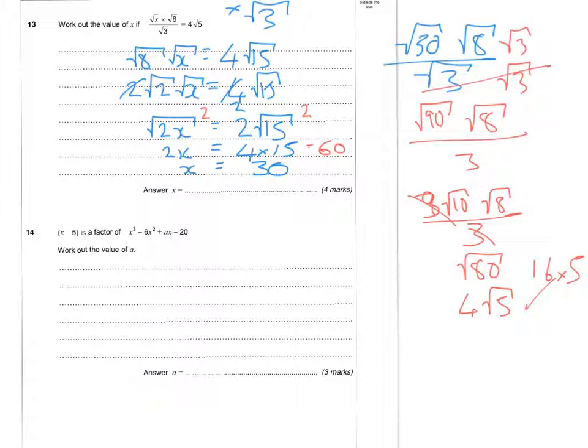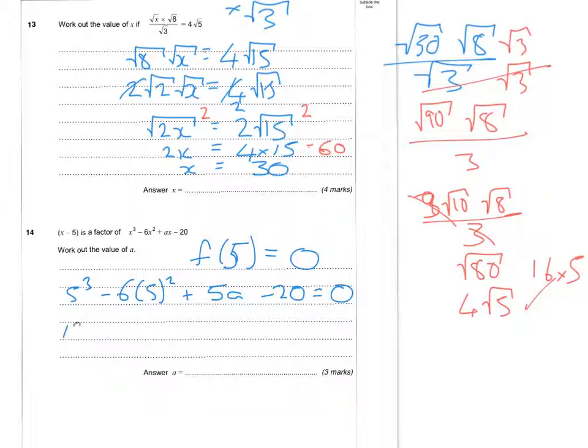x minus 5 is a factor of x cubed minus 6x squared plus ax minus 20. So it's a factor, so f of 5 should be equal to 0. So 5 cubed minus 6 times 5 squared plus 5a minus 20 should be equal to 0.